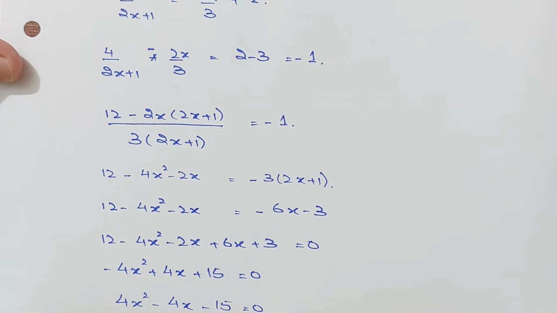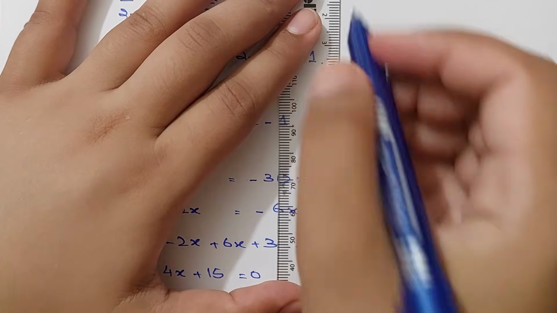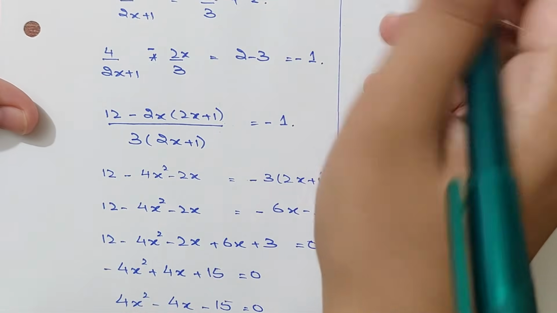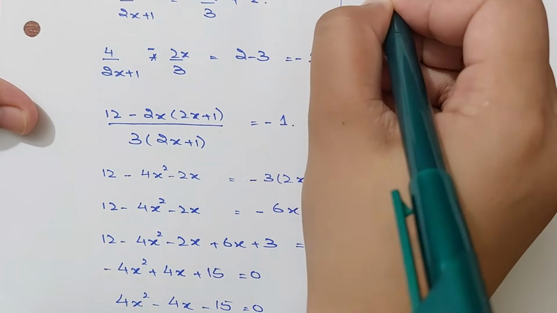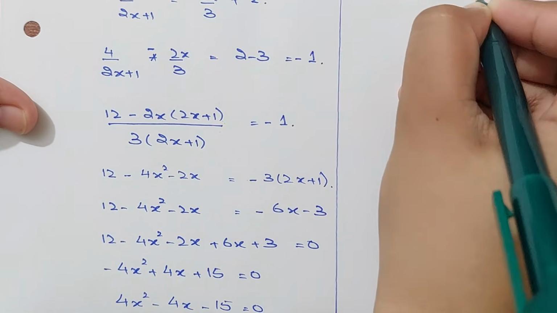This is a quadratic equation. Let me solve by using the quadratic formula. Rewriting the equation: 4x squared minus 4x minus 15 equals 0, right?